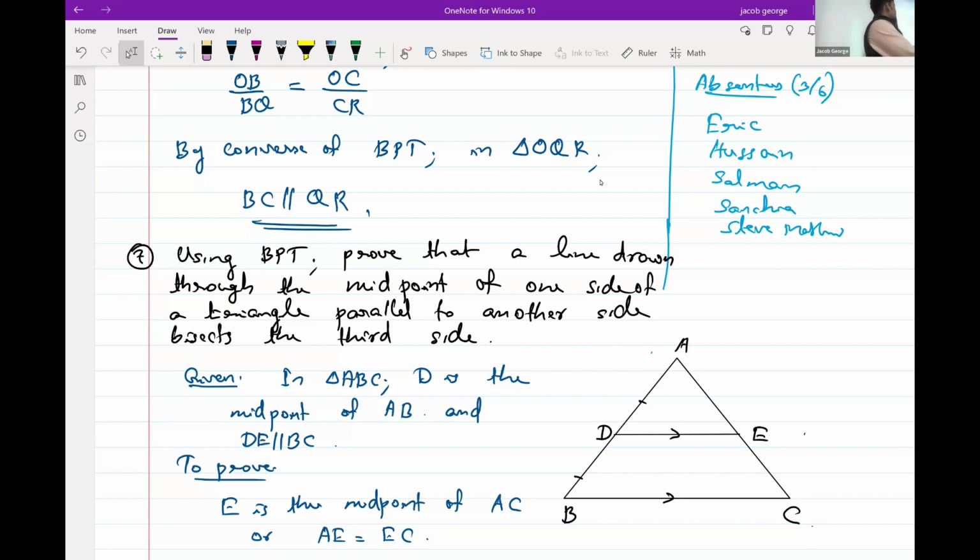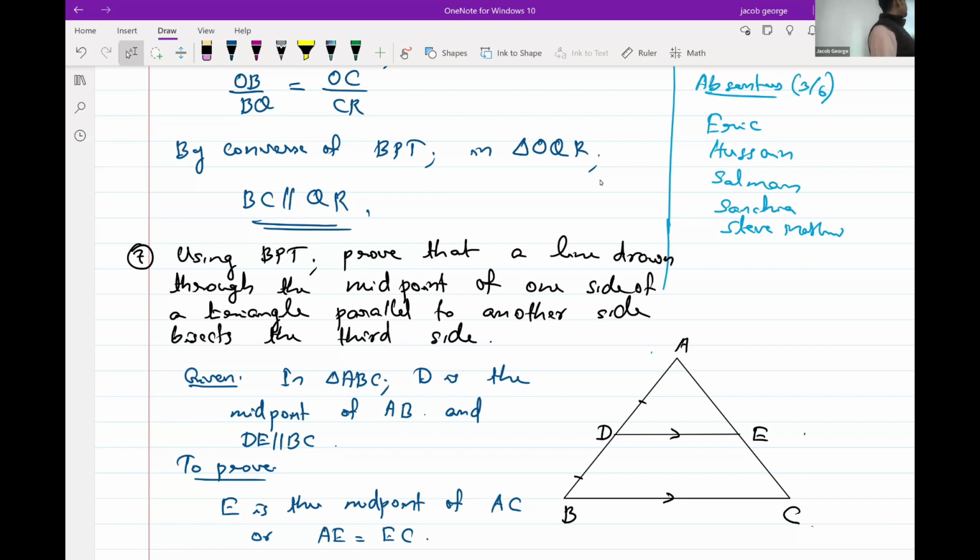So here it looks like a theorem. So we have to draw the diagram, given and to prove. What is the diagram? Triangle ABC. Then the midpoint of one side is given. So I took D as the midpoint of AB. And parallel to another side, that means DE is parallel to BC.